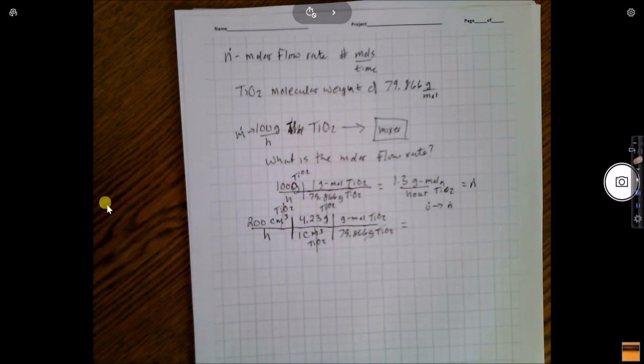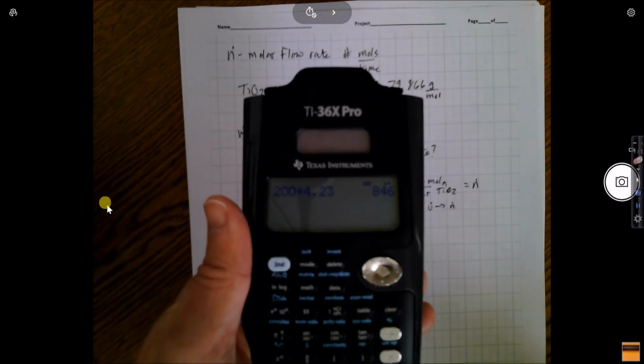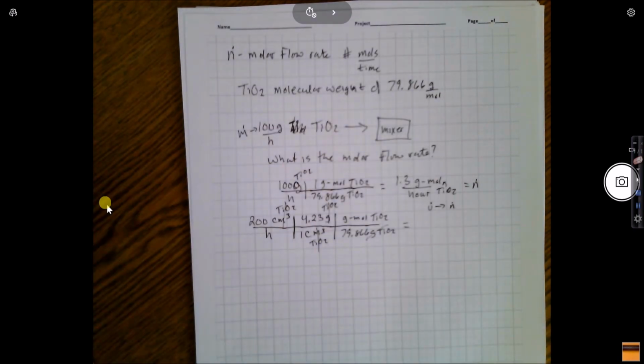So let's plug and chug through our calculator. Feel free to calculate at the same time. I try to do the best I can punching numbers, but I have been known to make mistakes. So we have 200 times 4.23. I got 846, and you can divide it now by the molecular weight of titanium dioxide, 79.866.